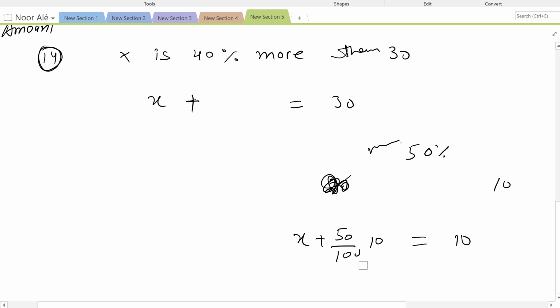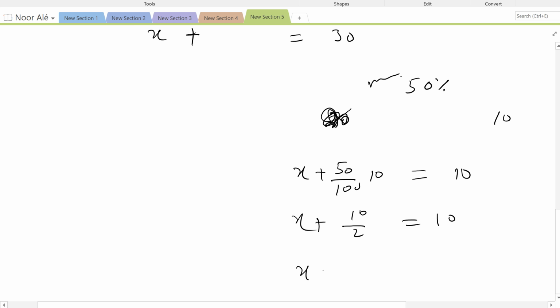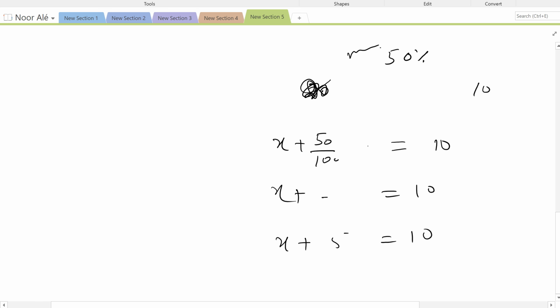So we do 50% of that, then we add it up to x. So now we got 10 over 2 plus x equals 10. So your x is going to be 5 equals 10. So I'm making a mistake there. I will write x because it's more than, right? 50% more than that, so we do 50% of x.